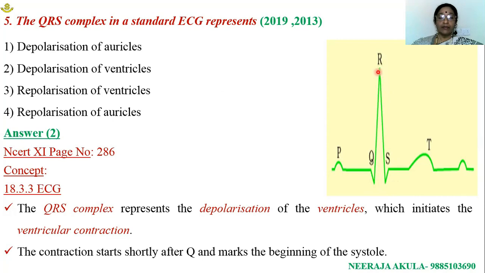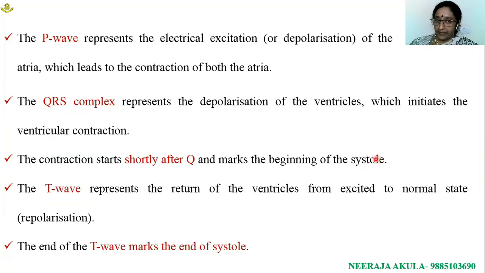Enlargement of QR wave represents myocardial infarction. T wave represents repolarization of ventricles. If the T wave becomes flat, then it represents atherosclerosis. Right from the point of Q itself, contraction of ventricles does not occur.